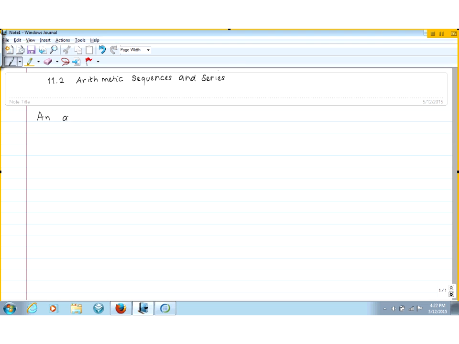So an arithmetic sequence is a sequence in which the difference between successive terms is always the same number.